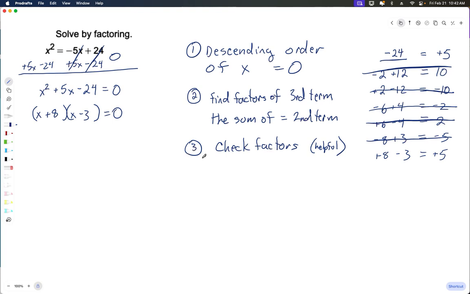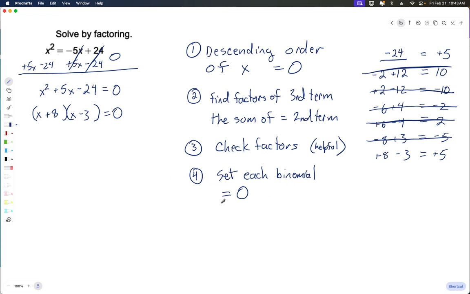Now that we have checked our factors, we know it's factored correctly, we are going to set each factor, and each binomial is a factor. So it's this value times this value is equal to 0. So that means that either this is 0 or this is 0. So we set each binomial equal to 0 and solve for x to find the value of x.